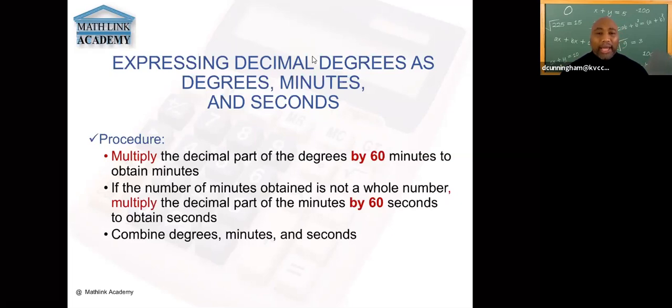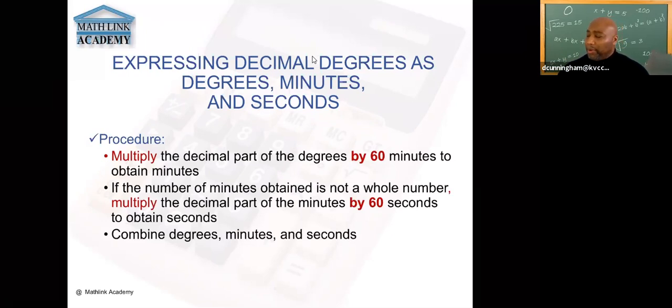Then, if the number of minutes obtained is not a whole number, we multiply the decimal part of the minutes by 60 to obtain the seconds. And then we just combine it all together to get degrees, minutes, and seconds.